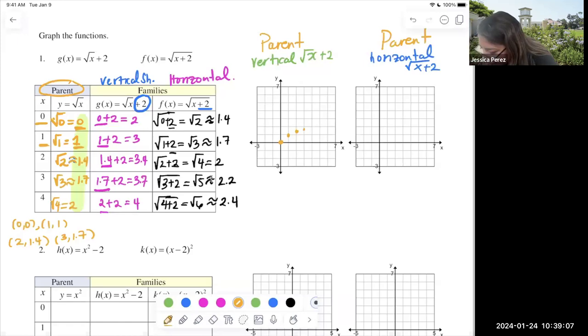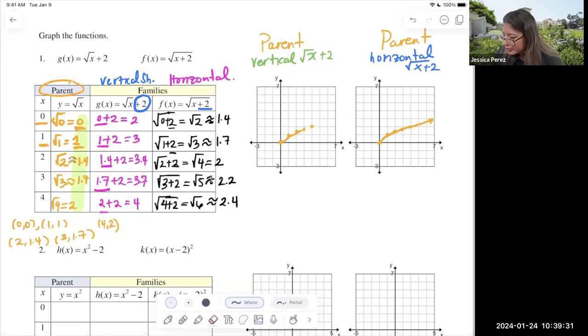And then I have 4 and 2. Like so. So I'm going to draw my line. Same thing here: 0, 0, 1, 1, 2, 1.4, 3, 1.7, and then 4, 2.